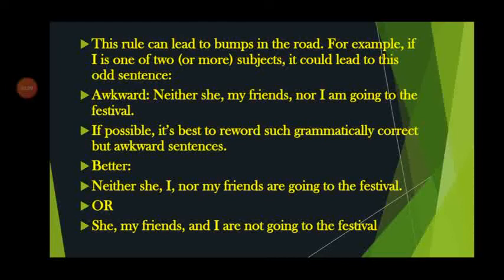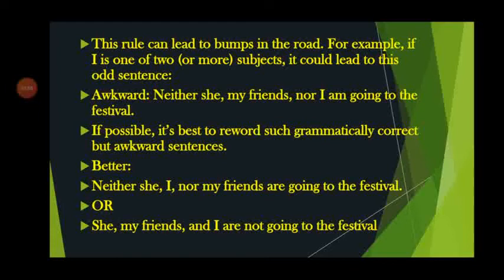Because I is the last subject. If possible, it's best to reword such grammatically correct but awkward sentences: Neither she, I, nor my friends are going to the festival. Or: She, my friends, and I are going to the festival.